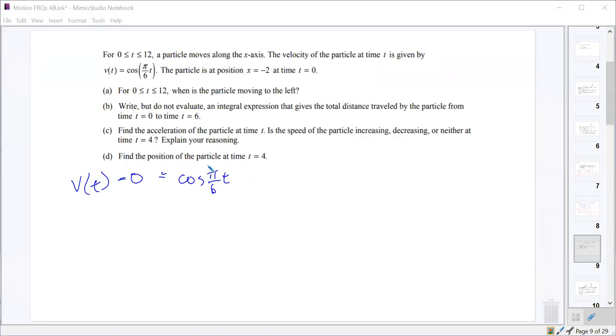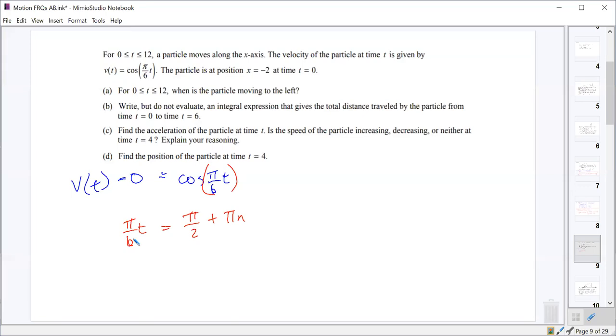That means that cosine of some angle equals 0, which tells us that that angle, pi over 6 t, needs to equal pi over 2, or 3 pi over 2, or 5 pi over 2, or 7 pi over 2, pi over 2 plus any pi n, where n is any integer.